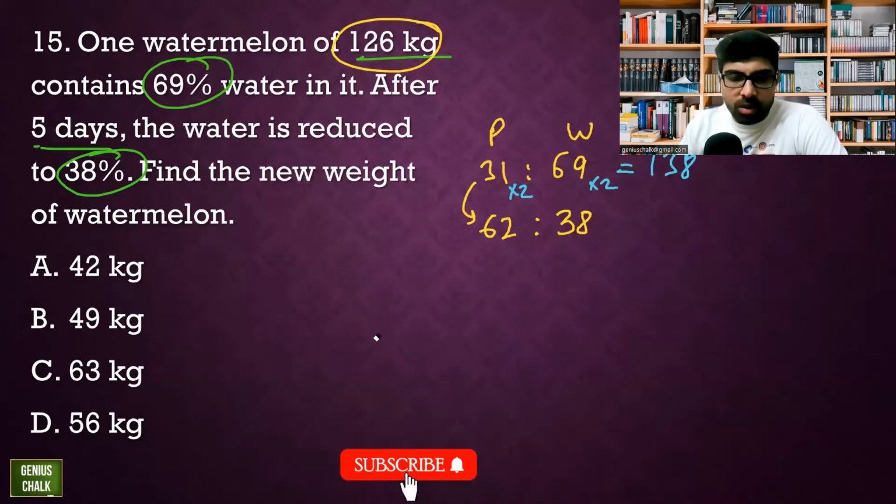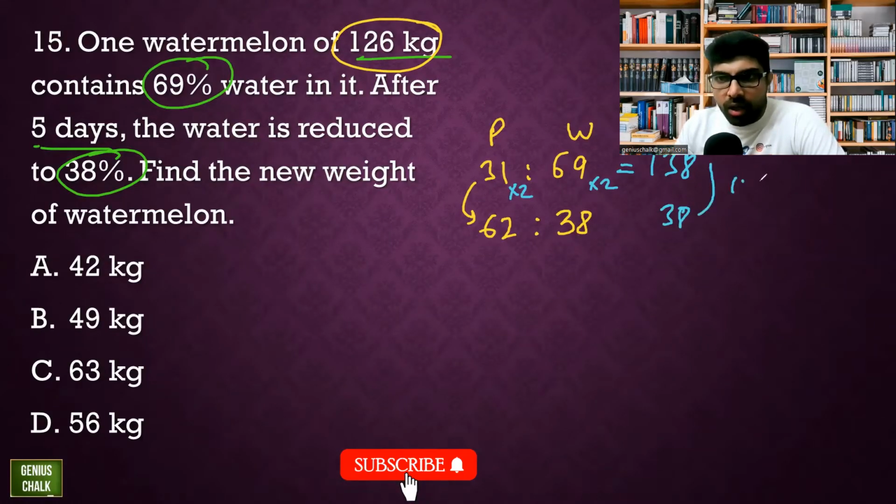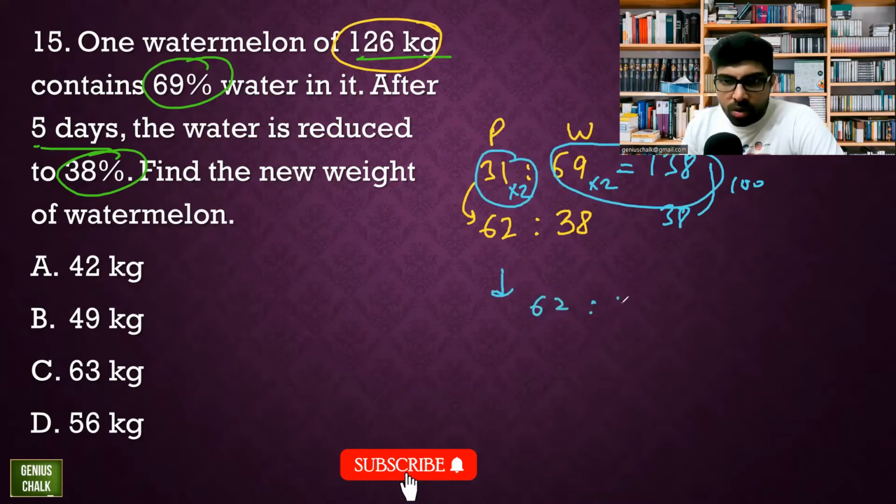So this value is 38, right? So this is 100 less. But before that, what is the total here? This is 138 and this is 62. Like the ratio is 62 is to 138 and 62 is to 38. This is the new ratio.